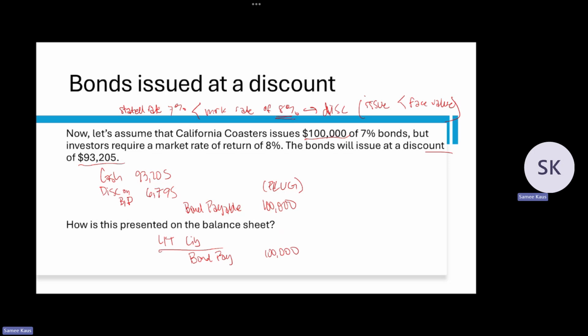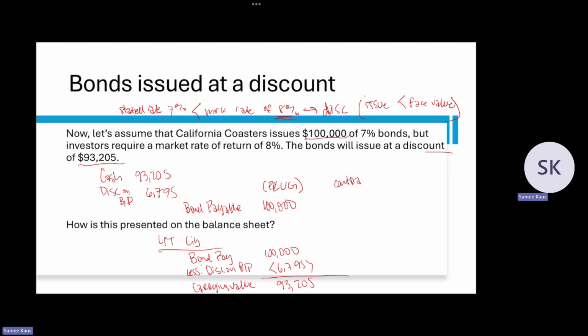That's going to be my face value. Now I'm going to have less my discount on bond payable. I'm going to show that as subtracting it out to get to the carrying value, right? How much is this actually worth to me of 93,205? Okay. So what kind of account do you think a discount on bond payable is?